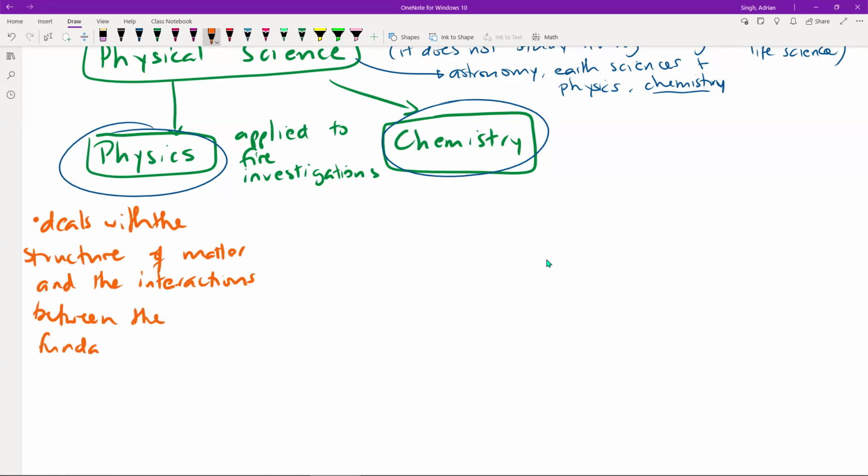These are going to be some fairly long words, but we'll break it down: the fundamental constituents of the observable universe, right? Which again, observable universe means the world around us, things that we see on a regular basis.